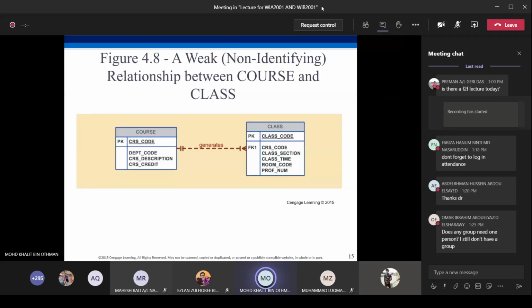Under the class entity, we have attributes: class code, course code, class section, and so on. The primary key for the course entity is course code, and the primary key for the class entity is class code.